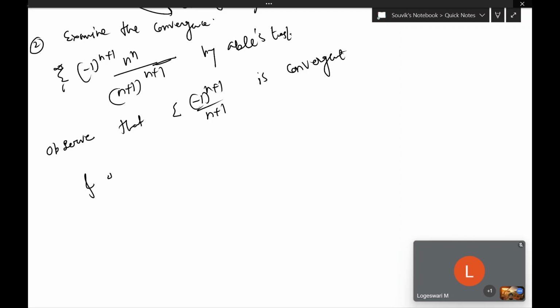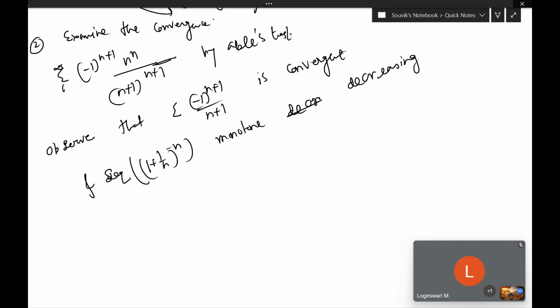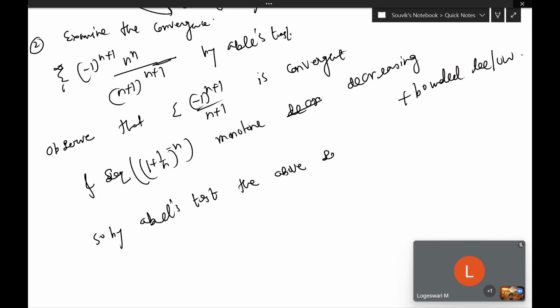And the sequence (1+1/n)^(-n) is monotone decreasing and bounded below. So by Abel's test, the above series converges.